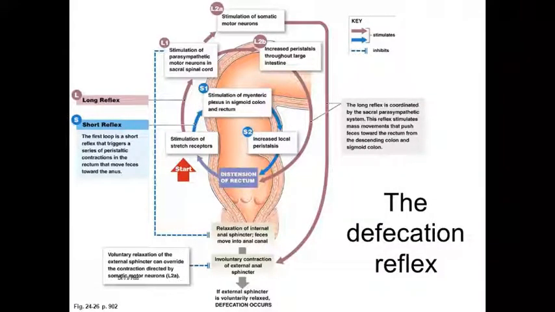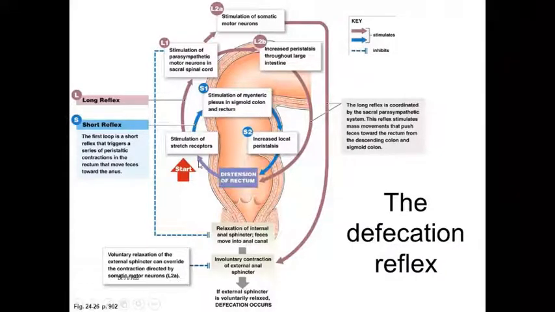That action potential will be propagated via the sensory nerve fiber. The sensory nerve fibers project to the myenteric plexus within the sigmoid colon and the rectum. These are the ones involved in local peristaltic contractions.